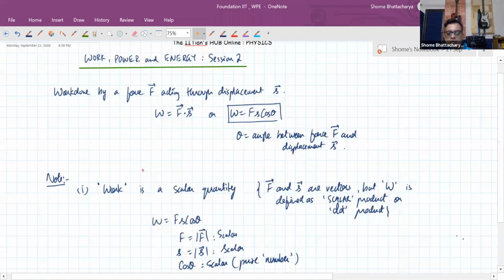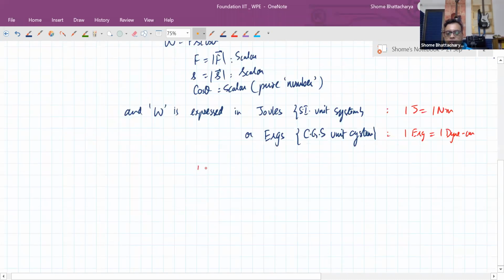1 Newton meter, that is 1 joule. So that is 10 raised power 5 dyne multiplied with 10 raised power 2 centimeters. So it is 10 raised power 7 dyne centimeter, or 10 raised power 7 ergs. So 1 joule of work done is equivalent to 10 raised power 7 ergs.